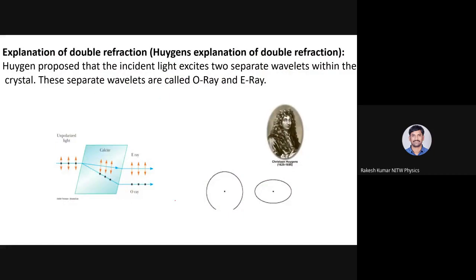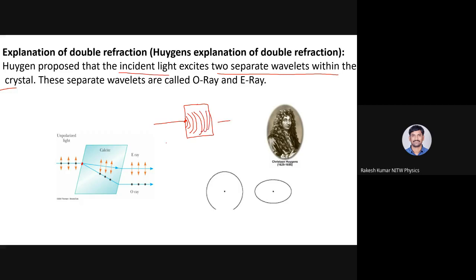Now, to understand this double refraction phenomenon, Huygens has given an explanation. So in the exam, they will ask you to write what is double refraction, and to explain double refraction based on Huygens' explanation. What he said is that the incident light excites two separate wavelets within the crystal. That means when light strikes at this place, usually in normal crystals, it is going to generate only one wavefront. That wavefront will propagate, generating secondary wavelets, and so on.